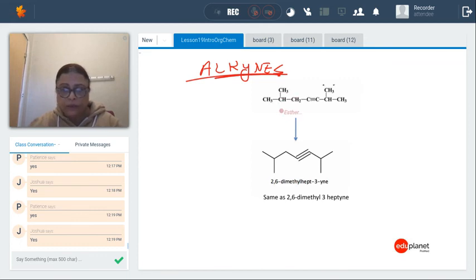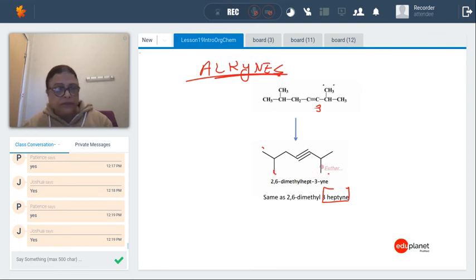So what is this molecule? Let's see what is the longest chain that contains the triple bond. 1, 2, 3, 4, 5, 6, 7. Where does the triple bond start? Is it carbon 3 or is it 1, 2, 3, 4? Of course, it starts at carbon 3. So this is actually 3-heptyne. And then the rest of the substituents we do the same as we always do.